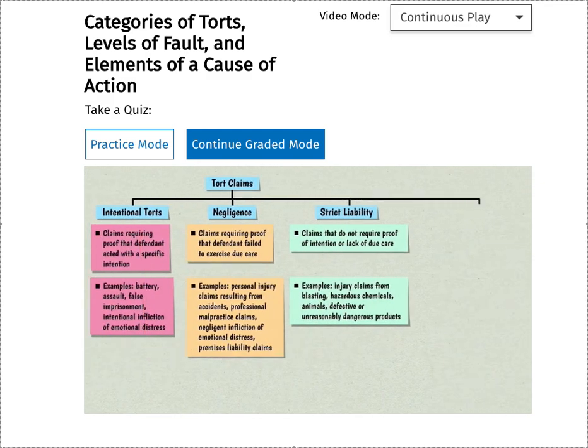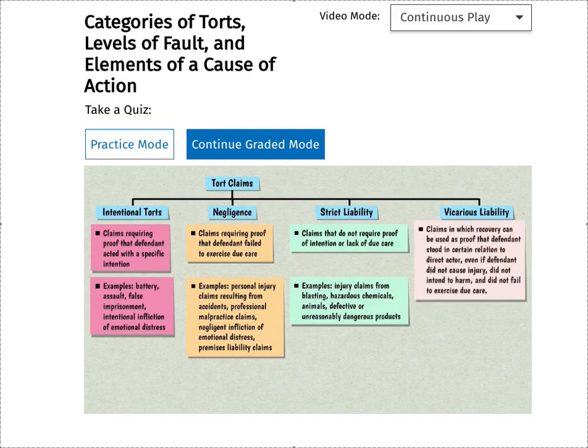A fourth basis for tort liability that might be added is vicarious liability. Vicarious liability is also a form of liability without fault. It holds a defendant liable for tortious acts committed by another, even if the defendant personally did nothing wrong nor caused the act to occur.